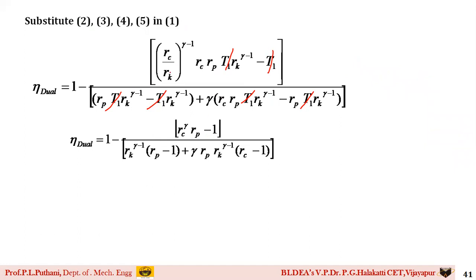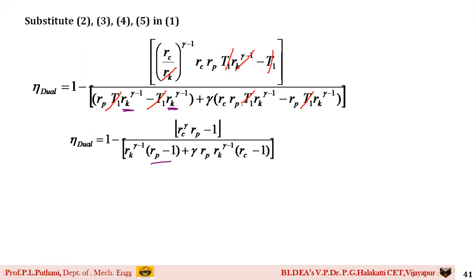Because this is RK raised to gamma minus 1, this also both get cancelled. You are remaining with RC raised to gamma minus 1 into RC, which means you get only RC raised to gamma. Similarly, in the denominator, students, if I take RK raised to gamma minus 1 as common from this bracket, I am remaining with RP minus 1.